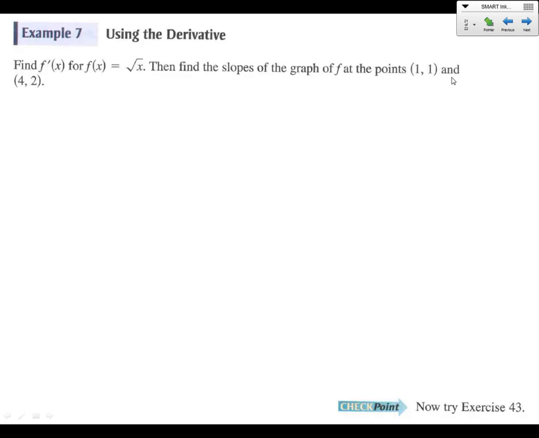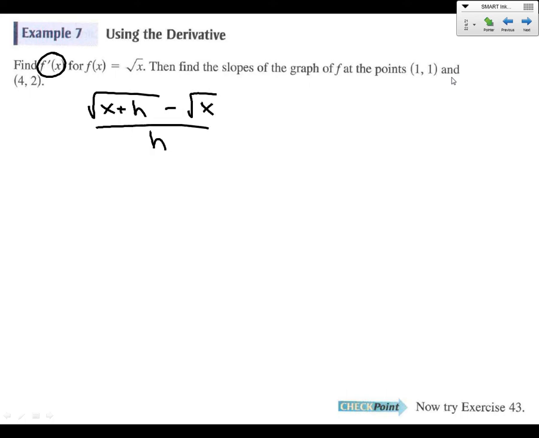And last one here, last example, we're going to find the derivative of the square root of x, then find the slopes at (1, 1) and (4, 2). So we're finding f prime of x, which means the same thing as the derivative. So square root of x plus h minus square root of x all over h.